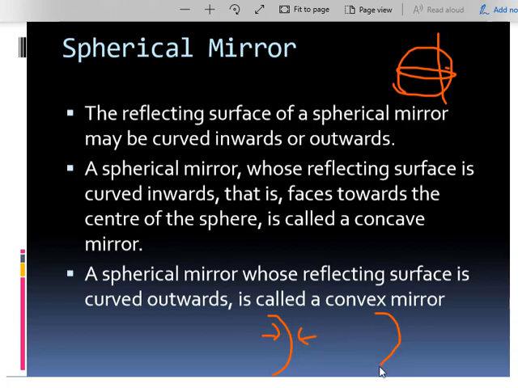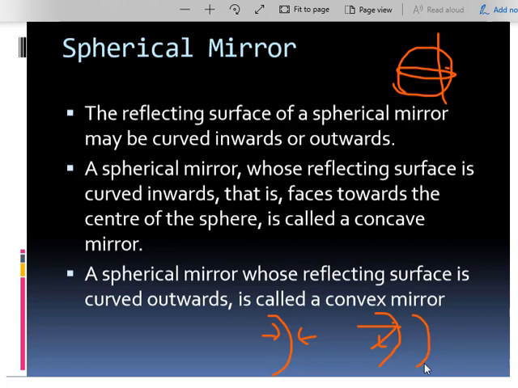Now this is the mirror. If light falls here and gets reflected back, then this type of mirror is known as a concave mirror. Concave. See how it looks, like a hole, like a cave. So you can easily remember this one.